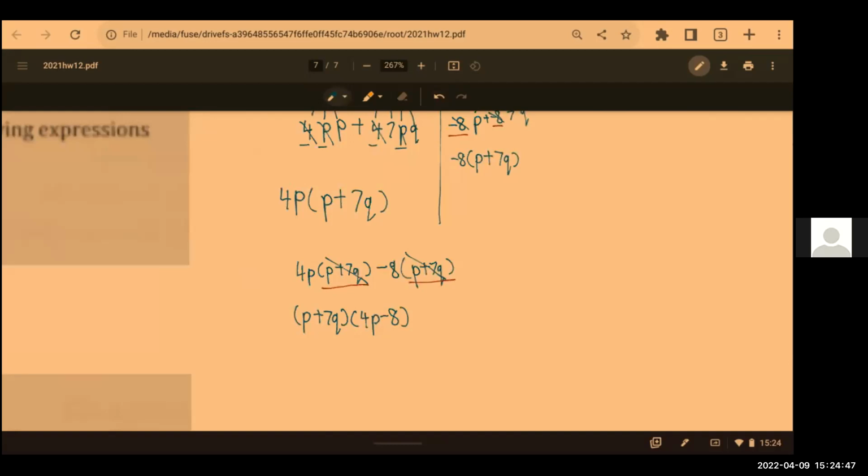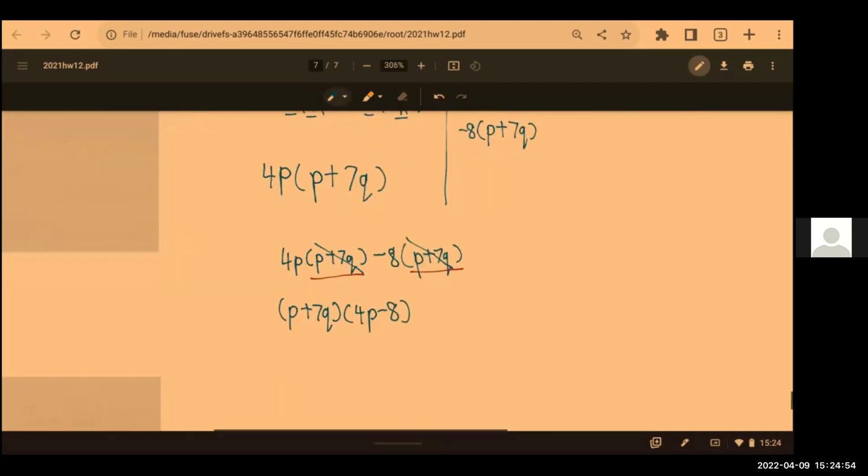Try it out. 4p minus 8, continue. Then what about the front one?